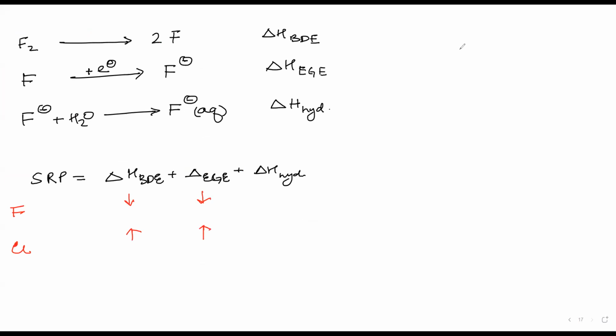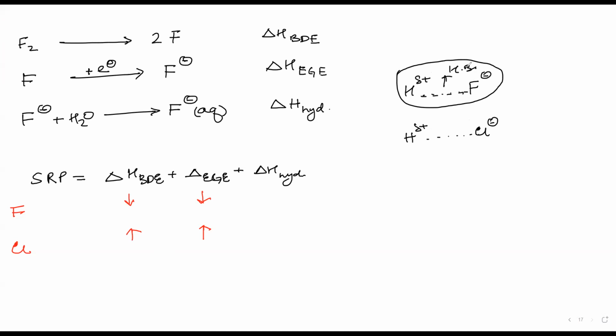But now let us compare the hydration enthalpy. You have H delta positive and fluorine negative. You know this. What will be the difference in size? Fluorine and hydrogen won't have much difference in size. Also, one more thing: this is known as hydrogen bonding.